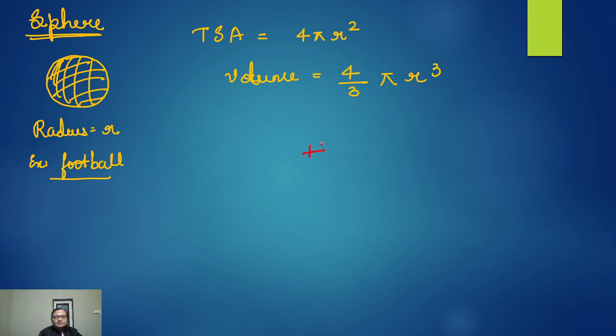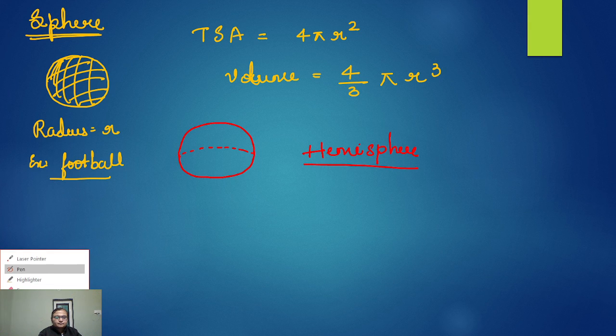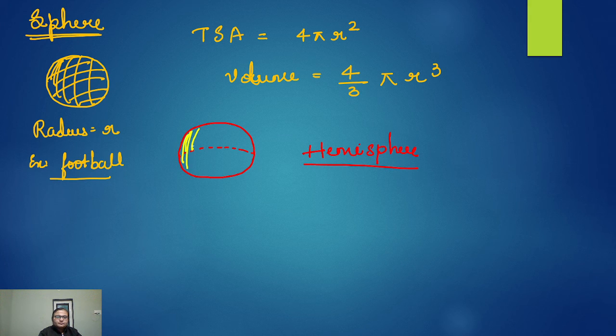And next we'll go to hemisphere. Hemisphere is half a sphere and the base will be circular. So this is the hemisphere we have, and this will be the base of the hemisphere.